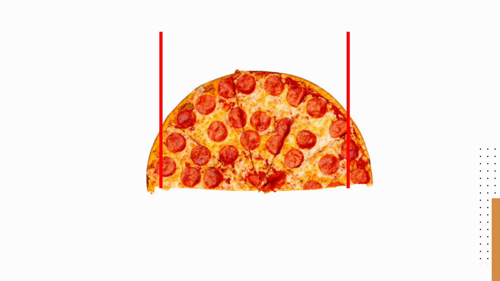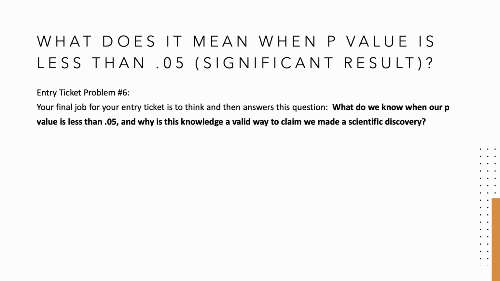Michelangelo, or Mike as we call him, said yes, so Donatello cut him 2 pieces. Donatello said, enjoy your pizza, it's significant at p equals 0.02. So Michelangelo only got 2% of the pizza. P less than 0.05 is significant, but I'm not going to tell you why.